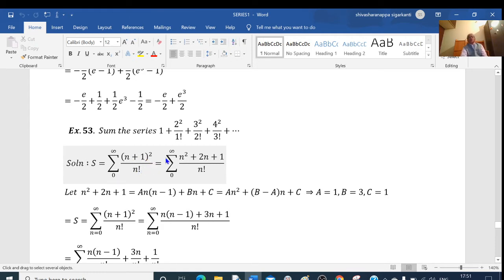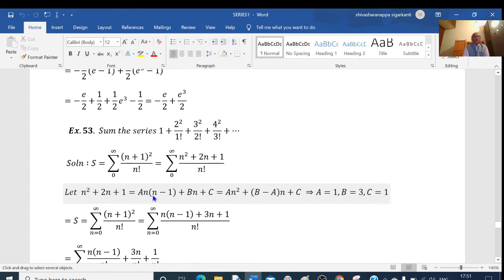And this n plus 1 square can be written as a square plus 2ab plus b square, that is n square plus 2n plus 1 divided by n factorial. Now I want to write this as some constant into n into n minus 1 in that form, since the degree is 2. Let me write n square plus 2n plus 1 as a into n into n minus 1 plus b into n plus c.